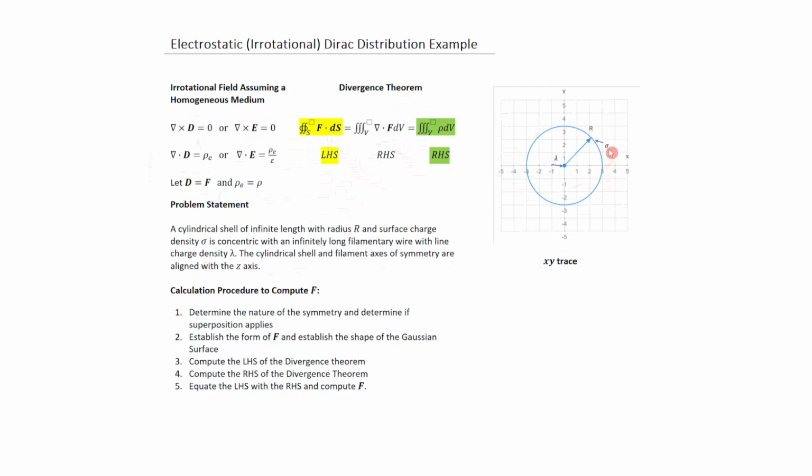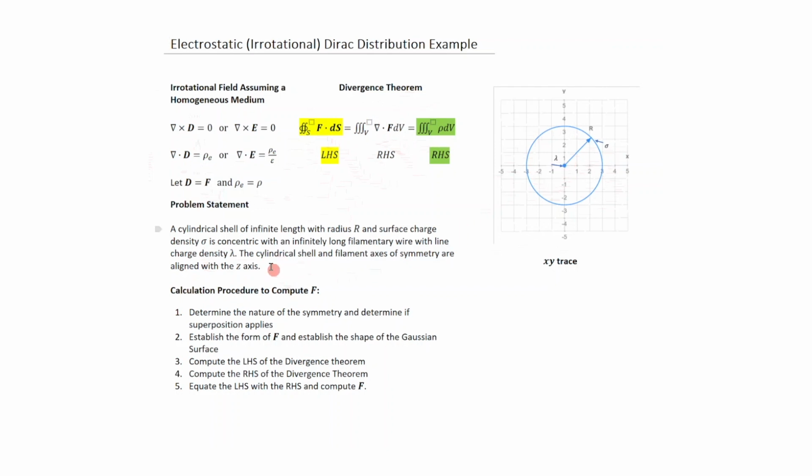Its surface charge density, which would be coulombs per meter squared on this exterior cylindrical surface, would be sigma. And this is a filament located at the origin, and its charge density is lambda, which will be a constant. It's per unit length in the z direction.